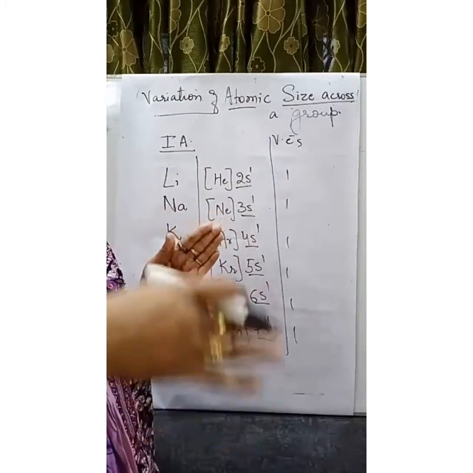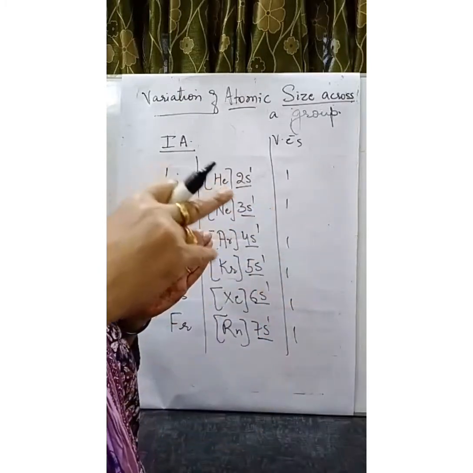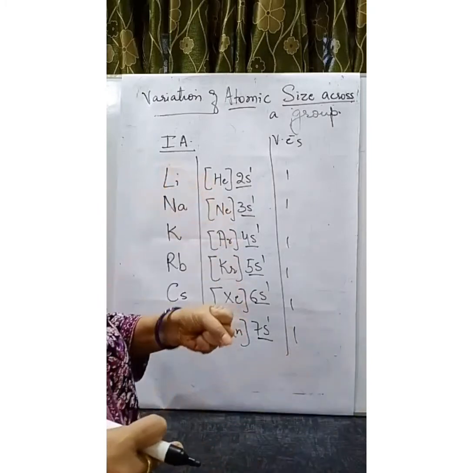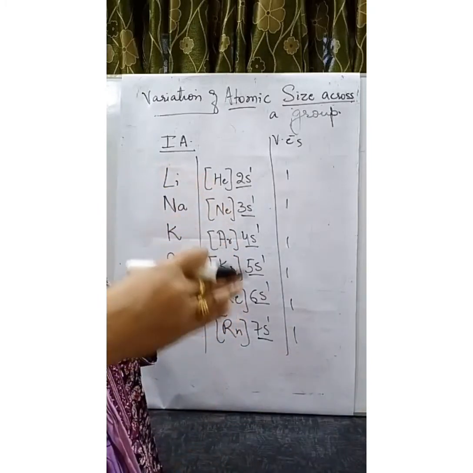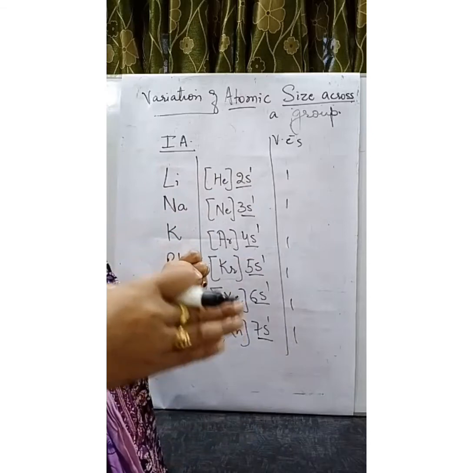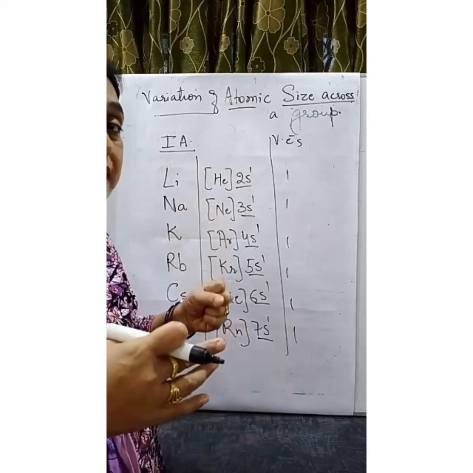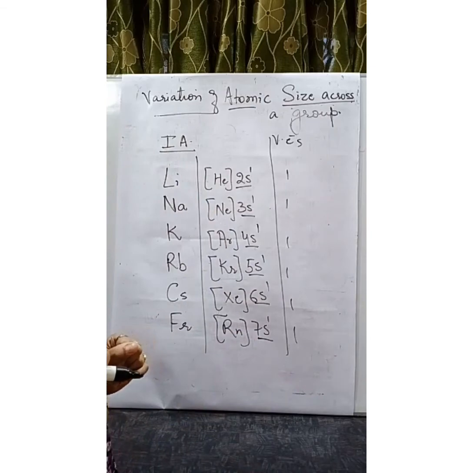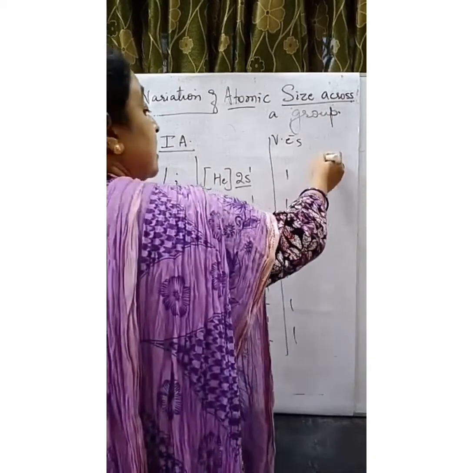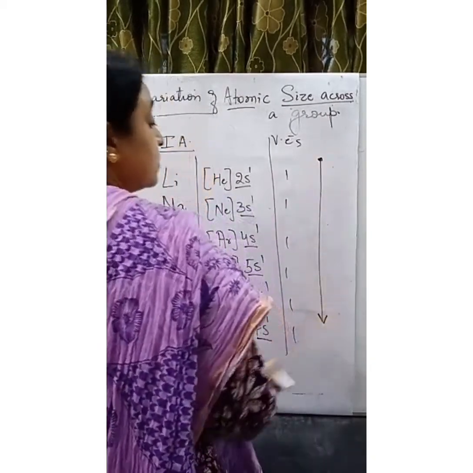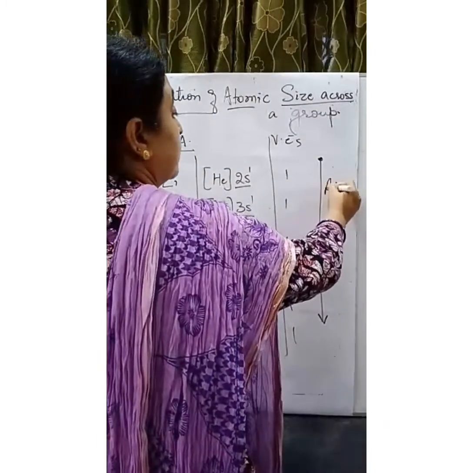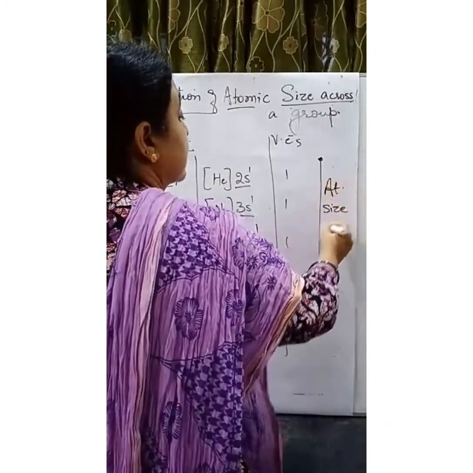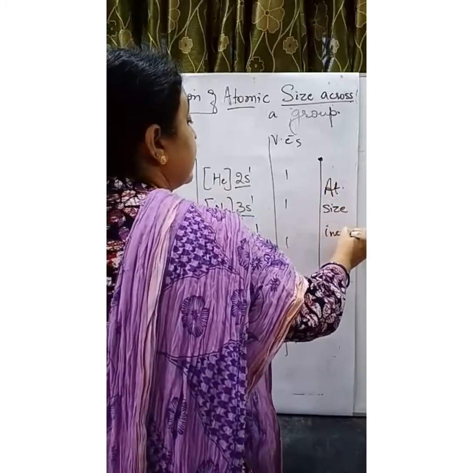So every time the electron is added into a new shell, the distance between the nucleus and the outermost shell goes on increasing. The nucleus hence is not able to attract the outer electrons. So as a result, we can say, as we move from top to bottom, atomic size increases.